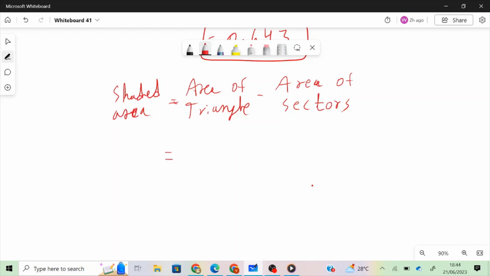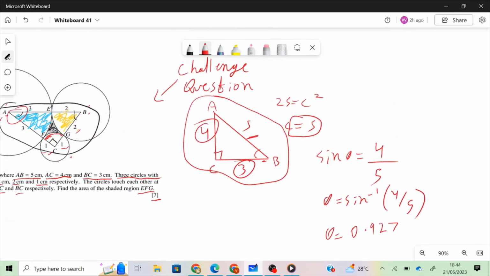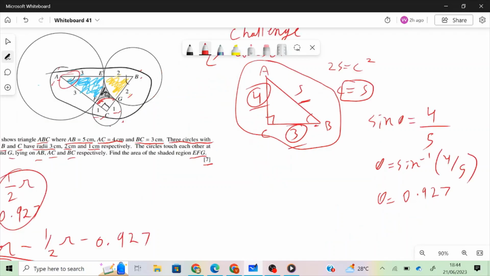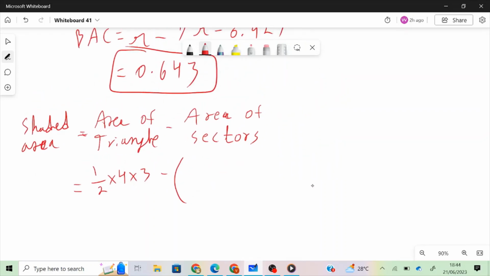So area of triangle, we can use half base times height since we have a right angle as we saw over here. So our height is 4 and our base is 3, so half times 4 times 3, minus the area of the sectors. Now this might take a bit of a while, but we'll do it. We know the formula of area of sectors is simply half r squared theta.